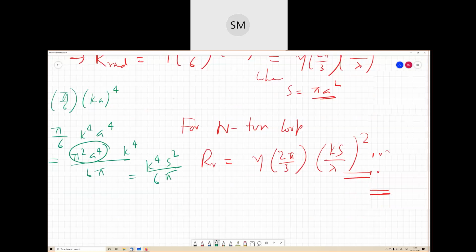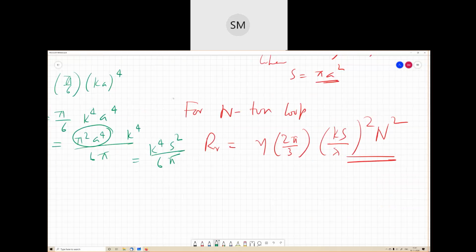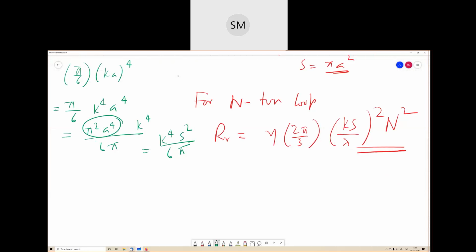Now what to do? This is what we have done. We have made it 2 pi by 3 into this Ks by lambda.